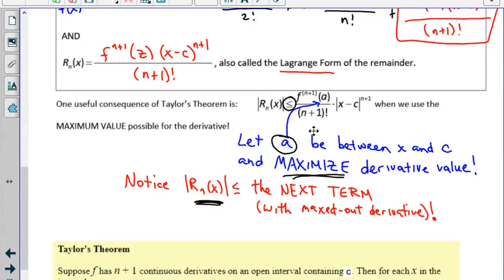So it'd be either the 6th degree or 7th degree or whatever the next degree is in the polynomial or in the series. And then I maximize the derivative value there, just for e, if I'm at 0.4, I just say, let's make it definitely less than 3. And then I sub that in and figure out what the error is, or figure out what my n is that would keep it under the required error.